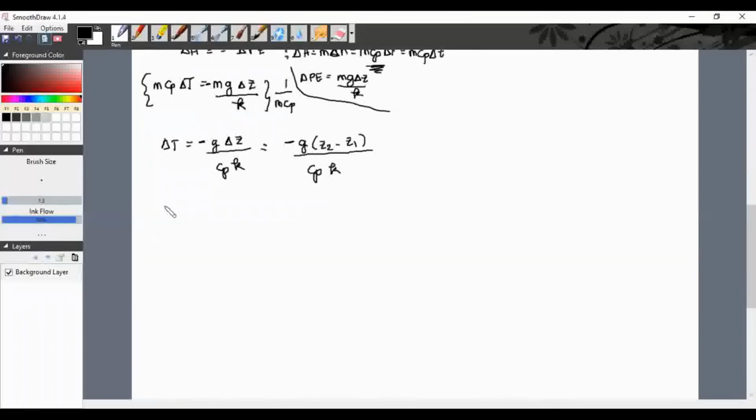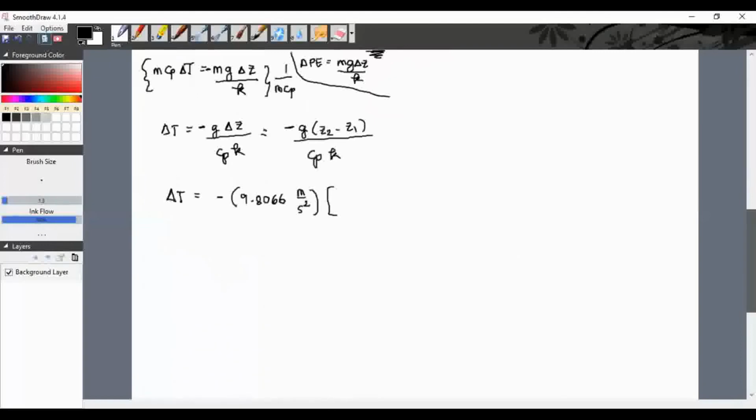Substitute the values. Delta T equals negative, using SI, 9.8066 meters per second squared, the value of our gravitational constant, times Z2. Our point 2 is at the bottom, so that is 0, minus Z1, the elevation at point 1, 500 meters, all over Cp.